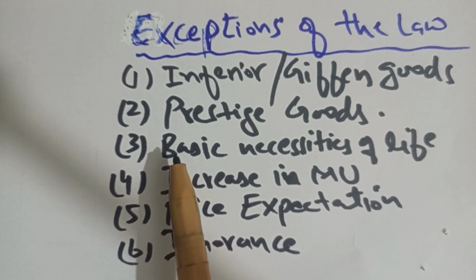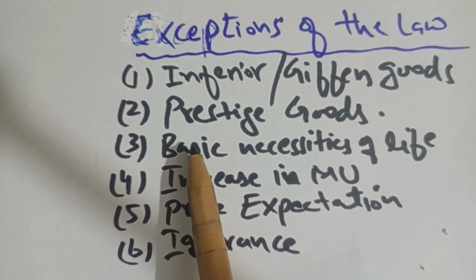Number 2, prestige goods. This exception is associated with the name of economist T. Veblen and his doctrine of conspicuous consumption.